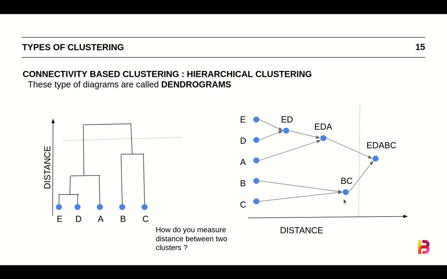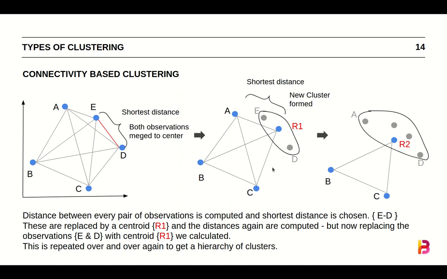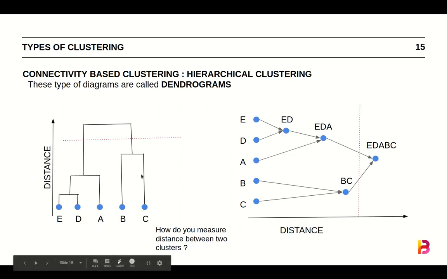And then everything gets combined into one big cloud comprising all of these. Now when this entire process is drawn this way, these types of diagrams are also called dendrograms. So the dendrogram representation gives us certain benefits.